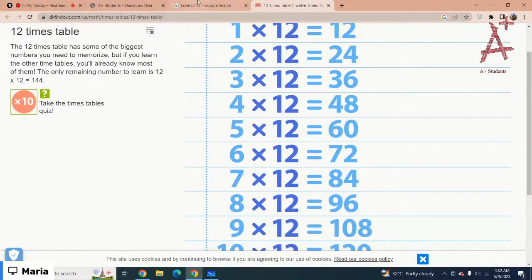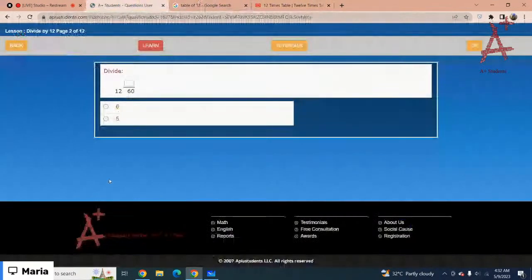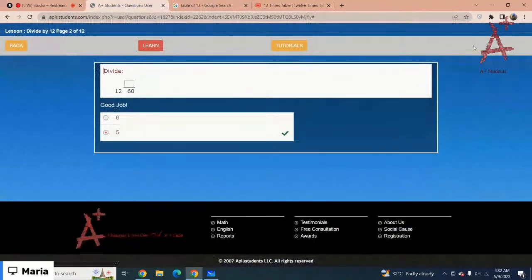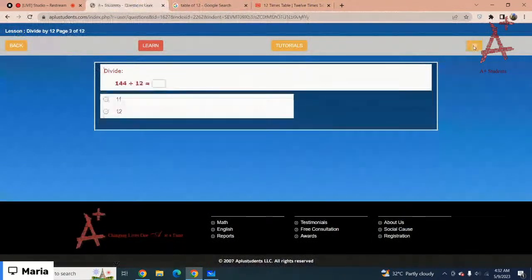The correct option is 5. Yes, 144 divided by 12. 12 times what number is 144? 12 times 12 makes 144. So the correct option is 12.